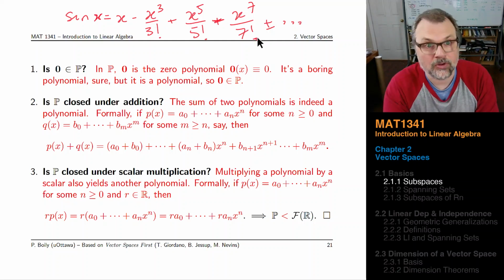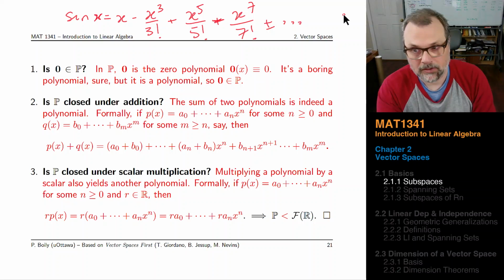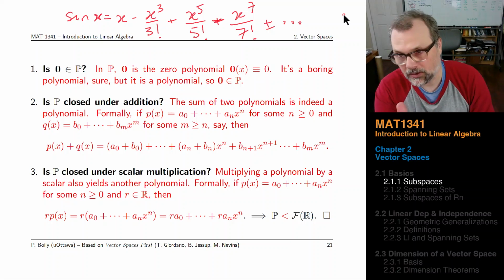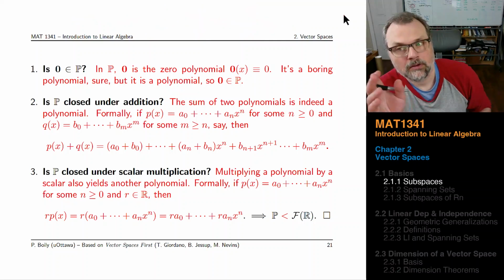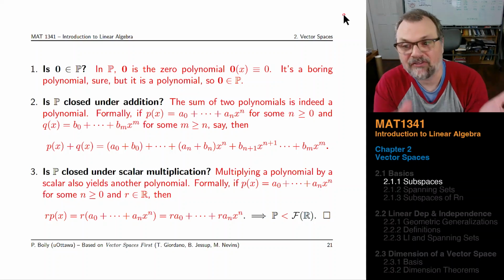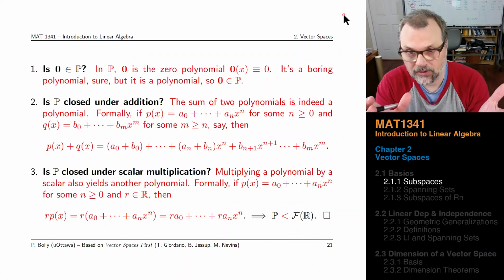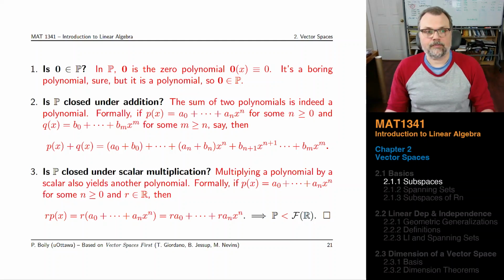That's a polynomial of infinite degree, and we call that a series representation of a function. Not something we'll study in linear algebra, but remember, when we're talking about linear combinations, we are talking about finite combinations. You're not combining together an infinite number of terms.